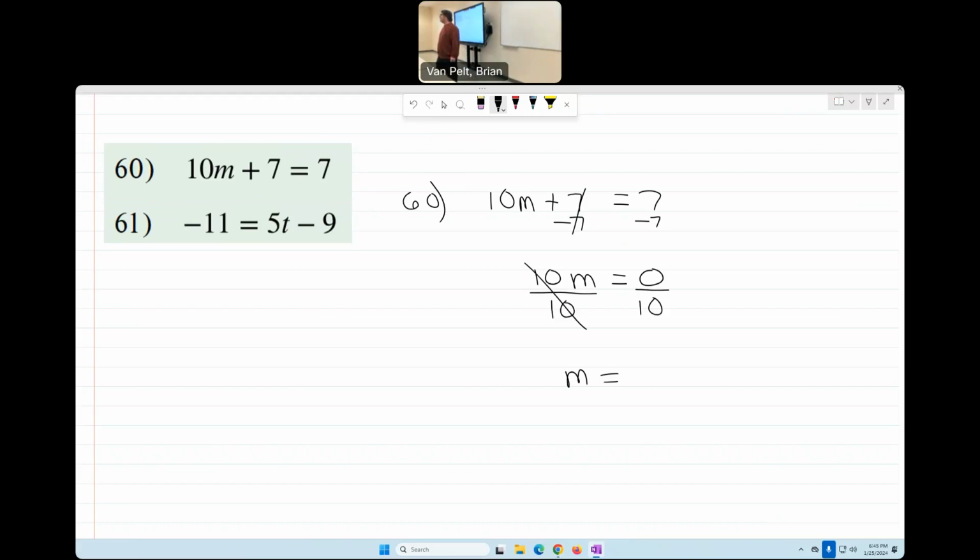What does that equal? 0 or undefined? 0. Now, here's what you do. Take your calculator and do it. Your calculator will actually tell you if it's defined or not. If you try to do 10 over 0, it will tell you no. That is undefined. So M equals 0 is certainly an answer.